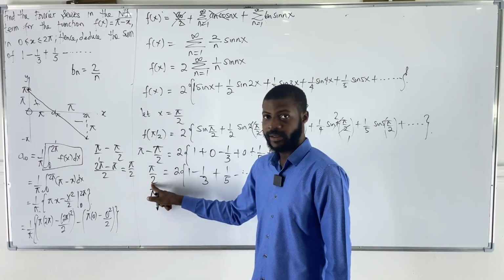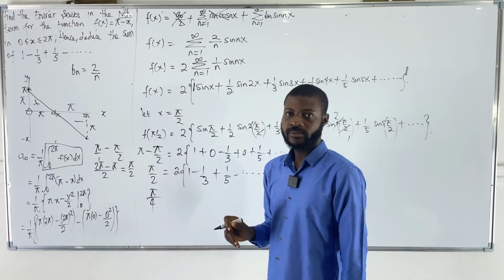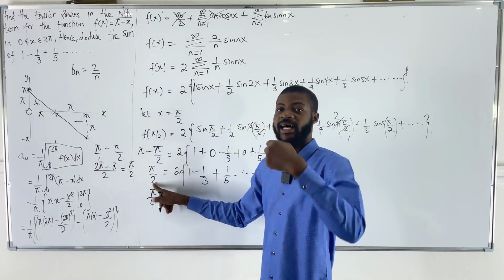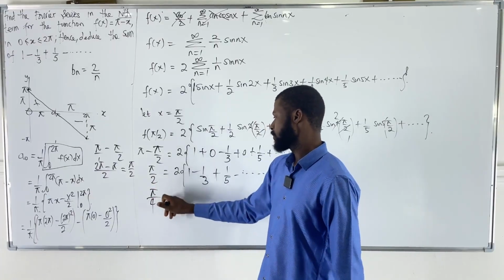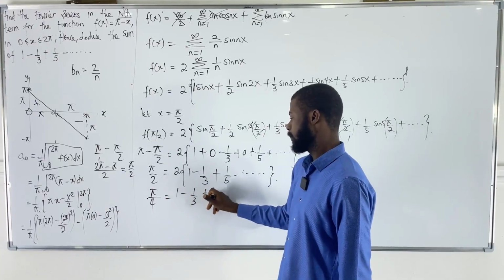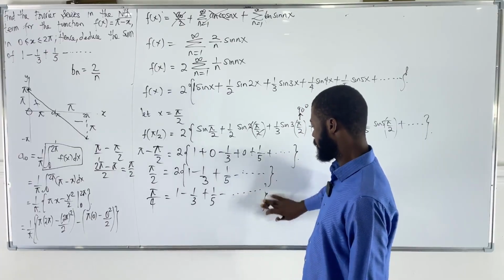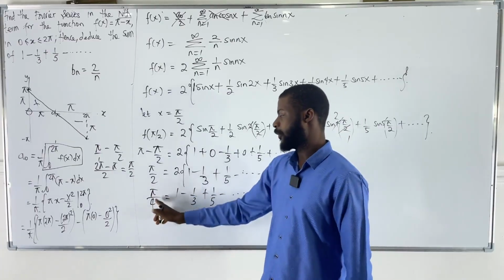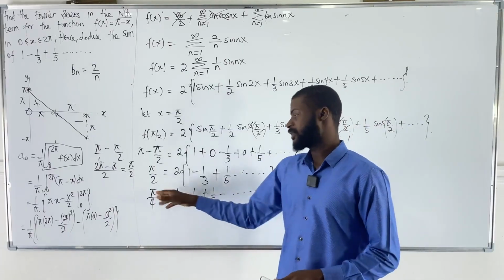There's been a 2 here, so if you divide by another 2, that means we're having 4 at that denominator. So equal to only the bracket 1 minus 1 over 3 plus 1 over 5. So the answer to this question will just be pi over 4. The sum of all these numbers will give us pi over 4.